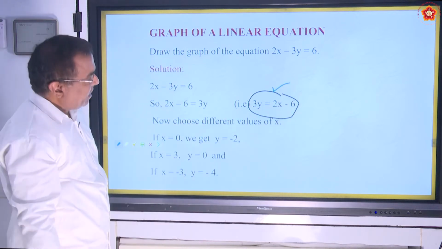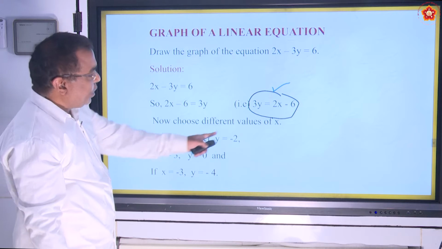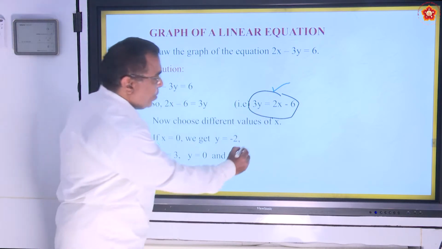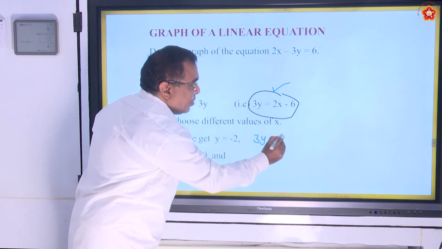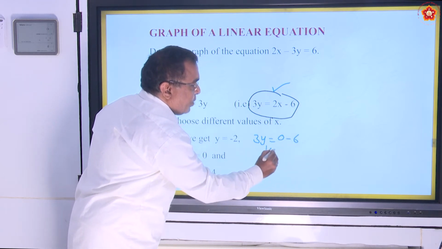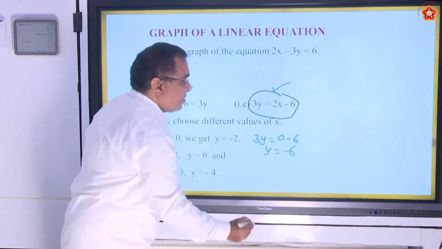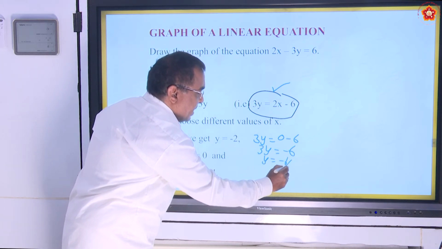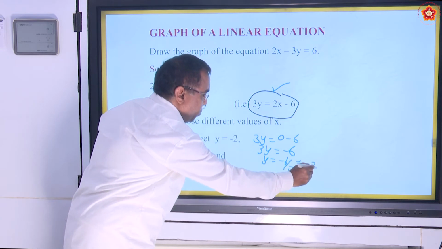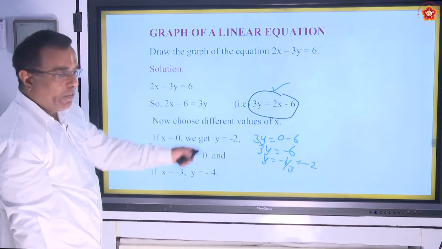If x equals 0, what happens? Just substitute x equals 0. You have 3y equals 2 into 0, which is 0, minus 6. So 3y equals minus 6, which implies y equals minus 6 by 3, which is minus 2. That's how I got the y value to be minus 2.